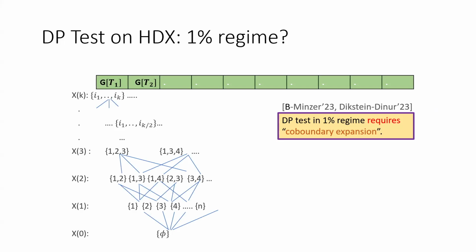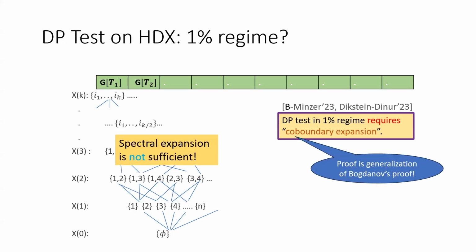You need this additional notion of coboundary expansion. In fact, this proof is a generalization of Bogdanov's proof. You might have thought that just adding triangles to your graph will make it work, but if you add triangles without coboundary expansion, you still cannot get soundness for the direct product test.